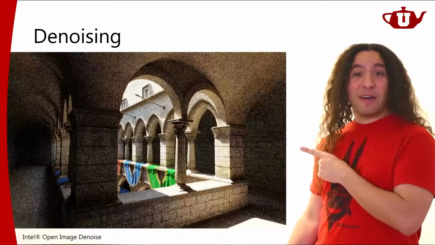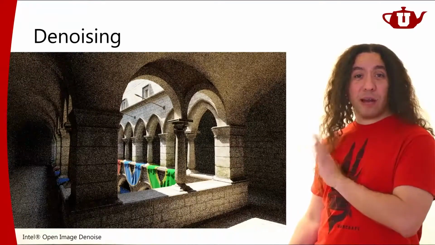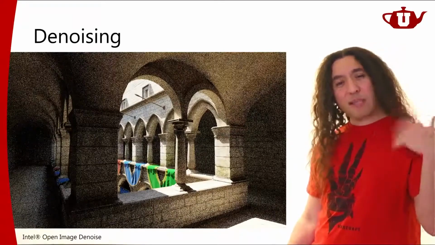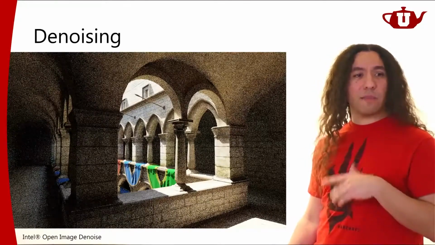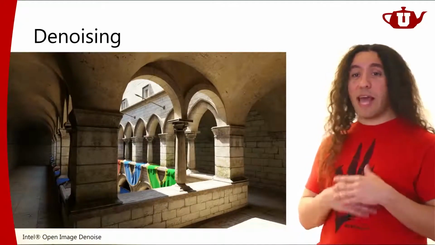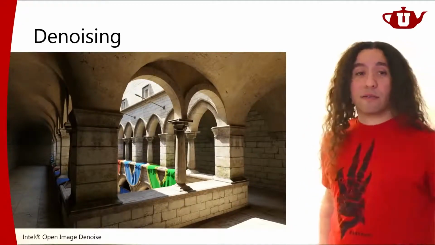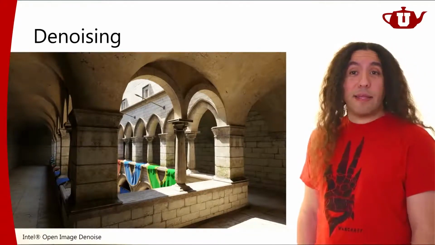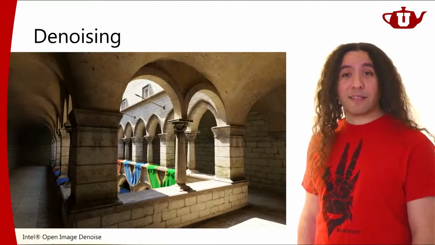We're not doing any more rendering. We take this image and just process it using some denoising algorithm, and we get something like this. It just estimates what the finally converged image would look like if we had enough time to wait for path tracing to finish.